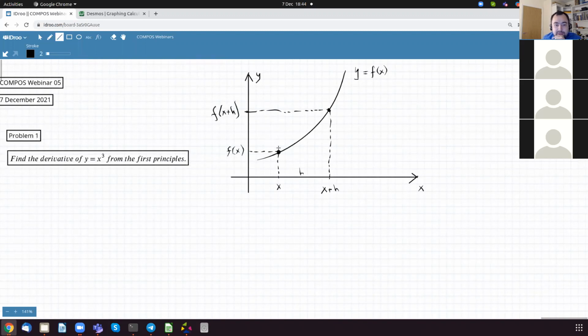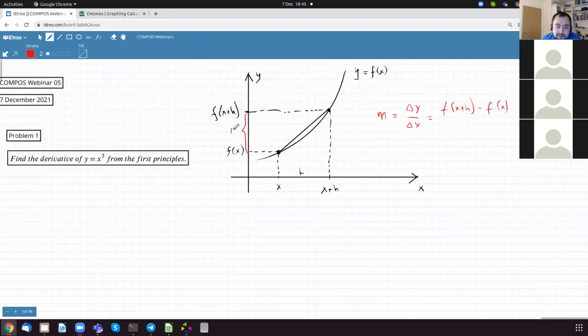Then we draw a line, and we want to find the gradient of that line. The gradient of that line, m, is change in y over change in x. Change in y is this value, so it's going to be f of x plus h minus f of x.